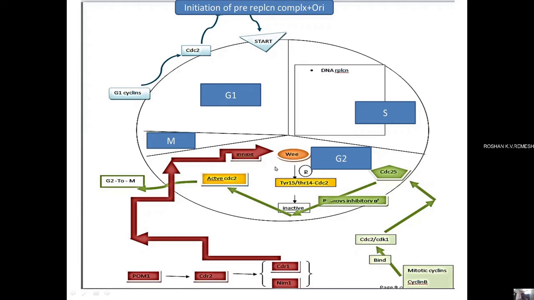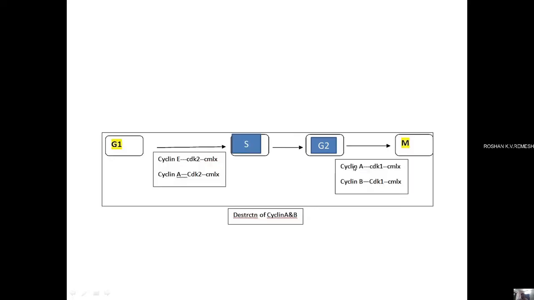The second cell cycle checkpoint can be seen in the G2 phase. We have already studied that cyclin A and cyclin B, along with CDK1, drive the cell cycle from G2 to M phase.